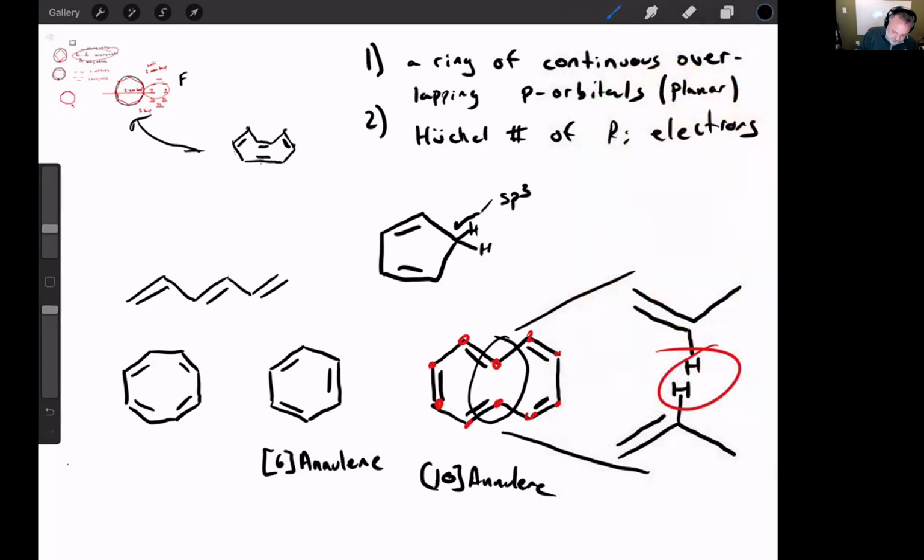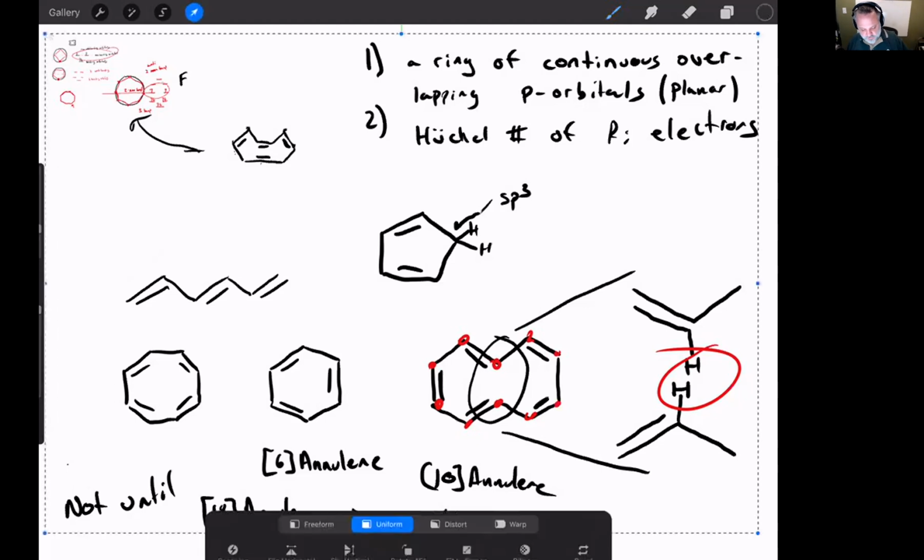And it's really not until you get up to 18 annulene that it becomes aromatic. Now I've got enough room in my molecule for there to be limited amounts of steric hindrance, thus leading to the planarity that is the requirement for the molecule to be aromatic.